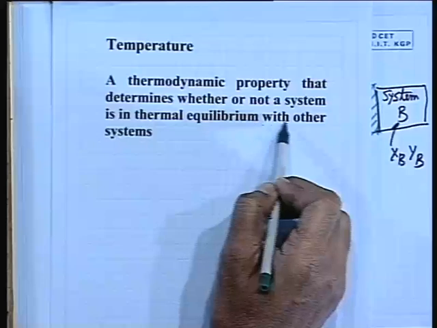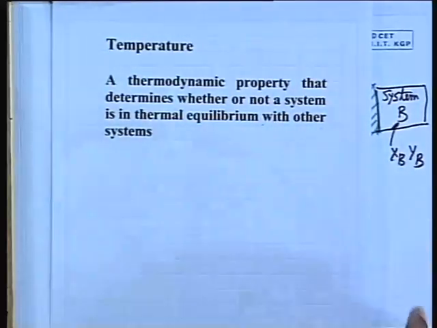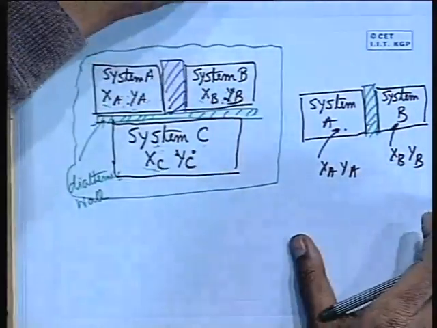So without the concept of heat or the molecular events, we define temperature by Zeroth law in classical thermodynamics like this: it is a thermodynamic property that determines whether or not a system is in thermal equilibrium with other systems. Well, so this is in short the concept of thermal equilibrium.